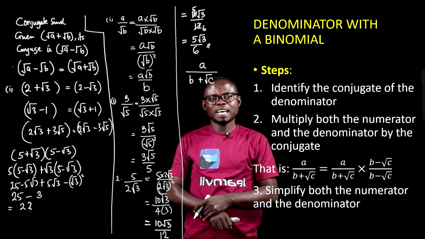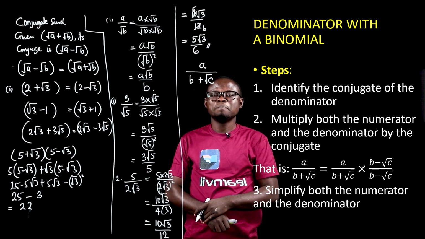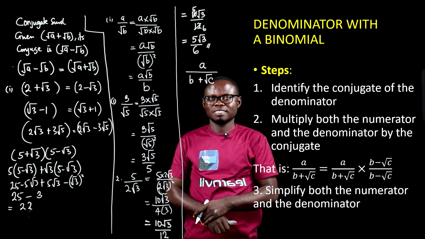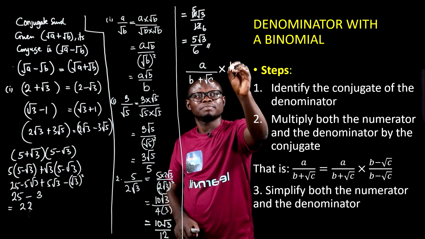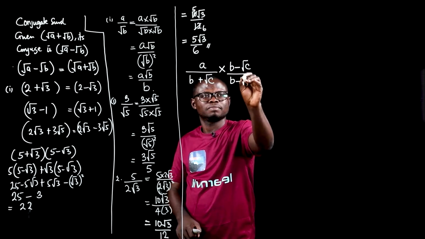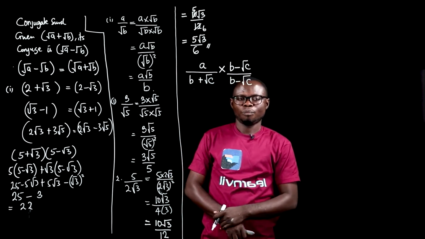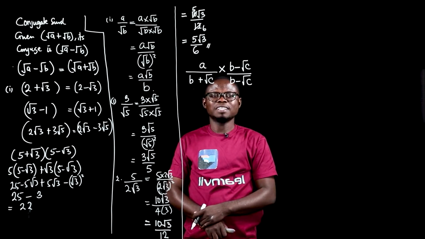Let us multiply both the numerator and the denominator by b minus root c. Then we can go on and multiply.